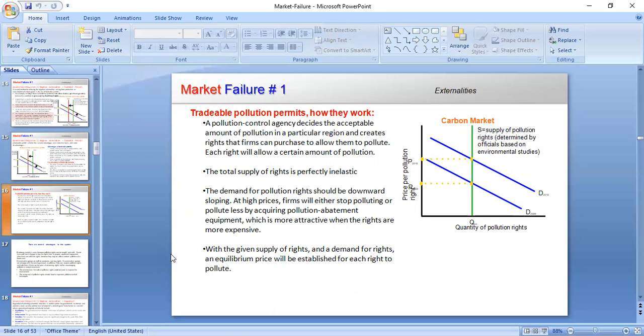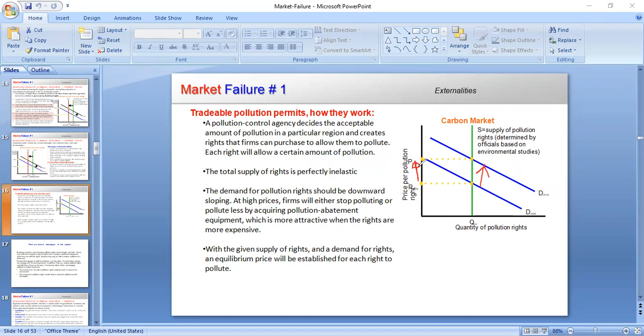Of course, we realize that as the demand for these tradable permits increases, the price will also increase, right? And when the price of these permits increases, it becomes costly for these farms in terms of the cost of production, and therefore they will reduce the amount of output produced.